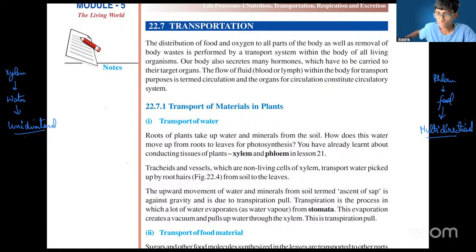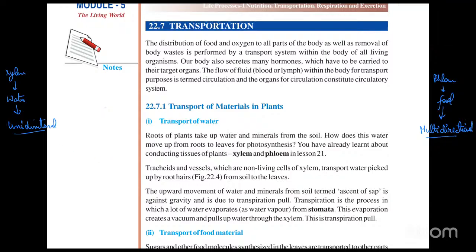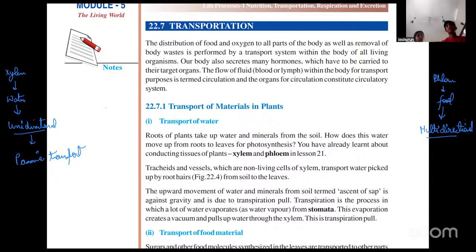Now xylem also does passive transport. So I want to ask anybody, what do you mean by passive transport? Yes, Jahoan, does anybody know about passive transport? Is it because the plant is not pulling the water exactly?